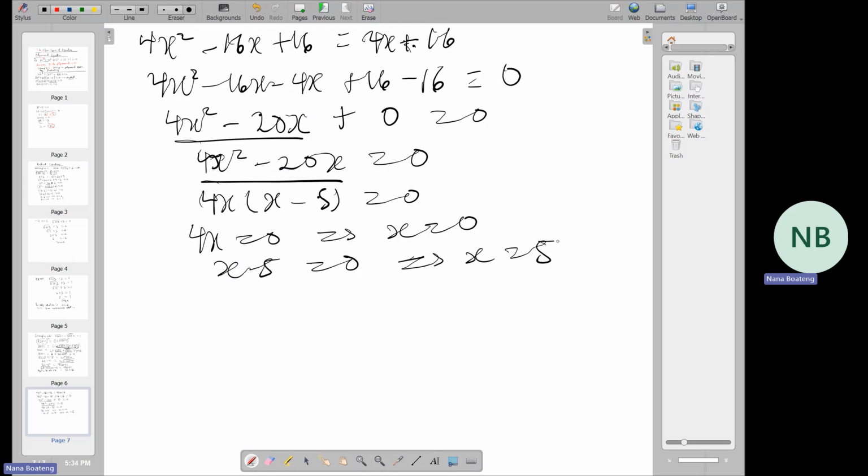All right, so when x is equal to 0, then we have square root of 3x plus 1 minus square root of x plus 4 is equal to 1.